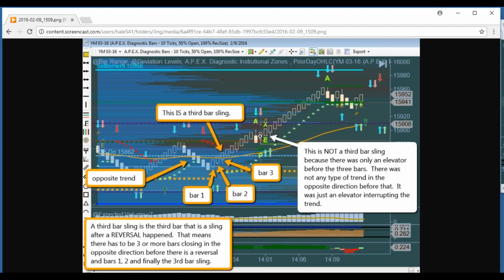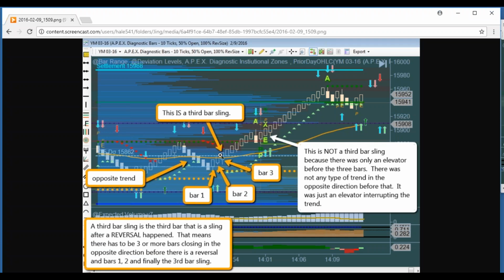No, it's not, because there had to have been at least 3 down closed bars before you can consider this third up closed bar a third bar sling. Does that make sense? Yeah, Walter, we would have wanted 3 this way. And Marion, a lot of times you won't have a wick on a third bar sling.